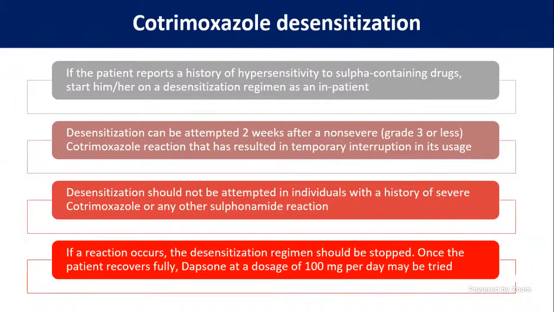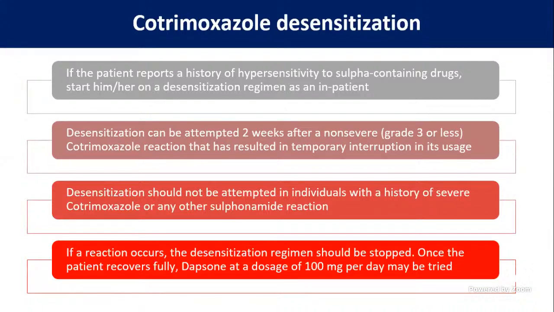Yeah, this is the slide on desensitization. A very important take-home is that unless you grade the rash that the patient is having, following this desensitization practice becomes really difficult.